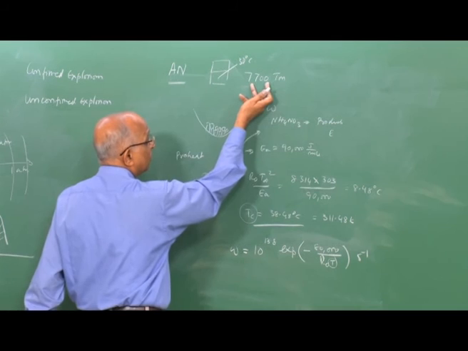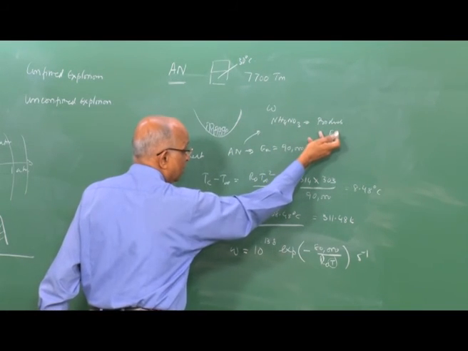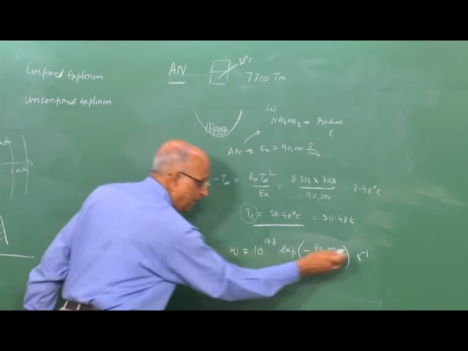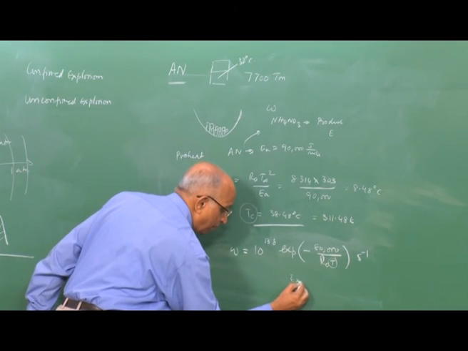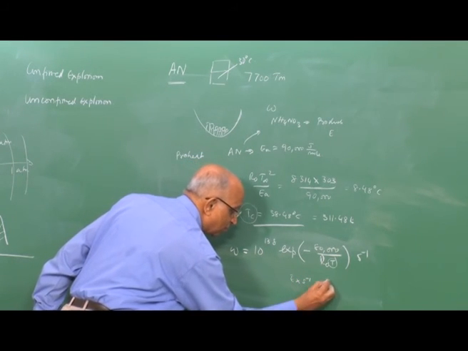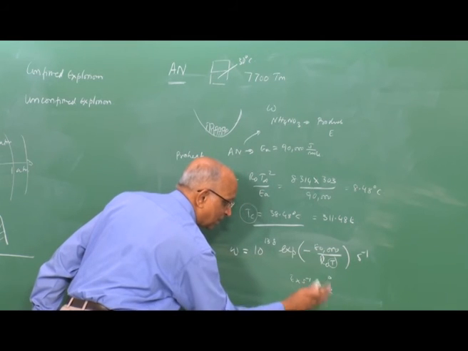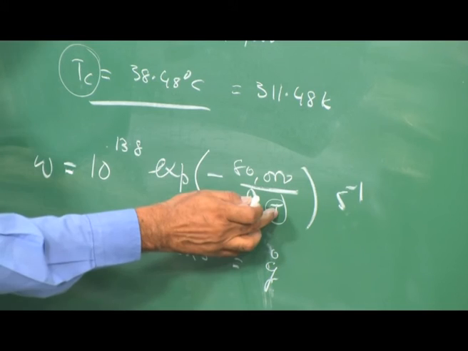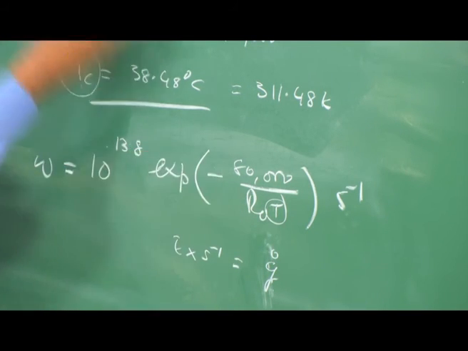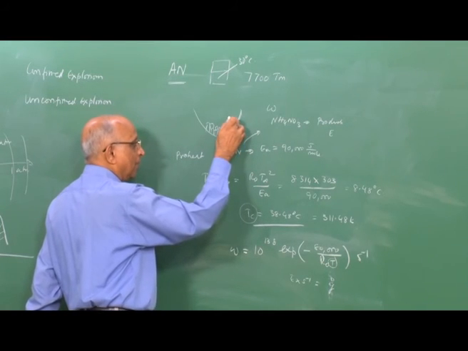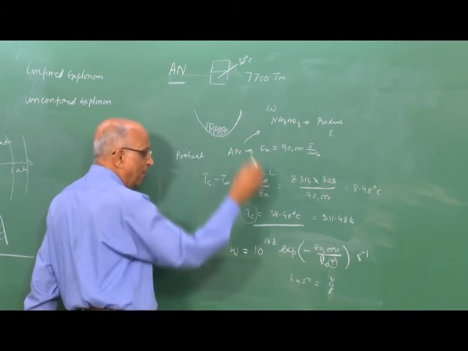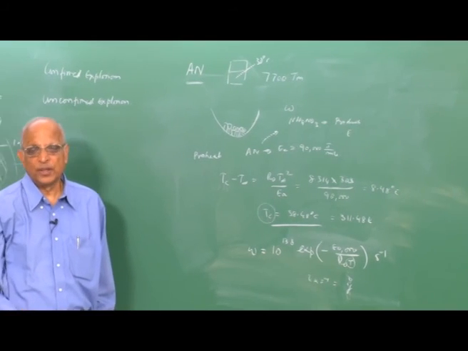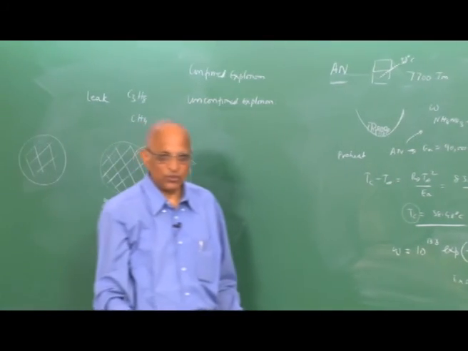Therefore, for 7,700 tons, what is the energy which is liberated, and this energy liberated into the rate at which it is being liberated, so much per second, that is second inverse, gives me the rate at which energy gets liberated in this particular reaction. And we find that the time constant of this at Tc is a small number compared to the heat characteristic time, and therefore, the explosion takes place. This is how we do any problem relating to an explosion.